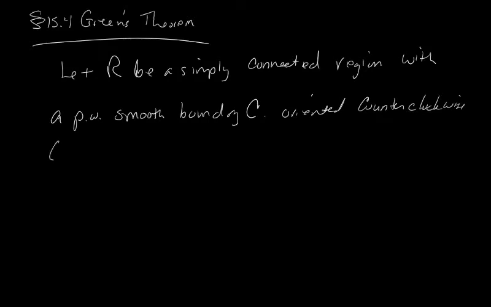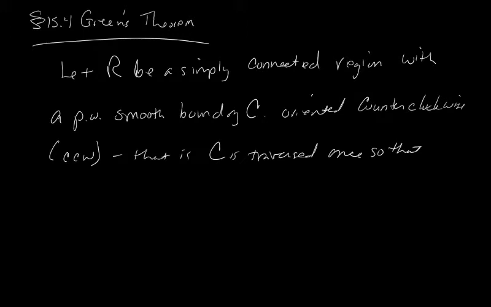That will be abbreviated CCW in the future. Oriented counterclockwise means C is traversed once, so that the region R is always to the left of the curve.